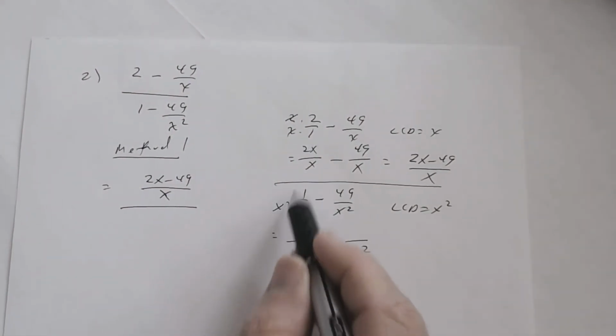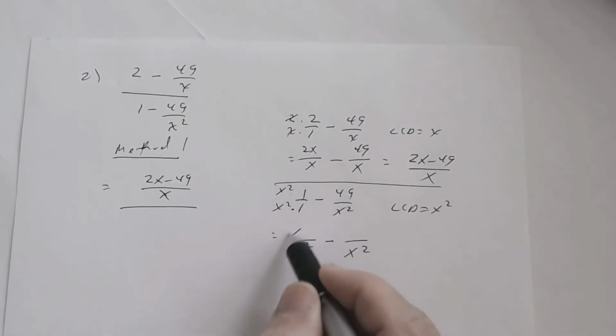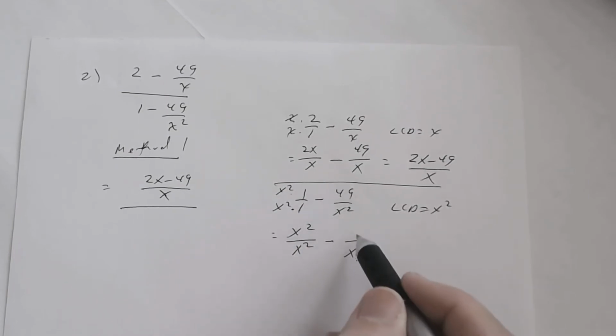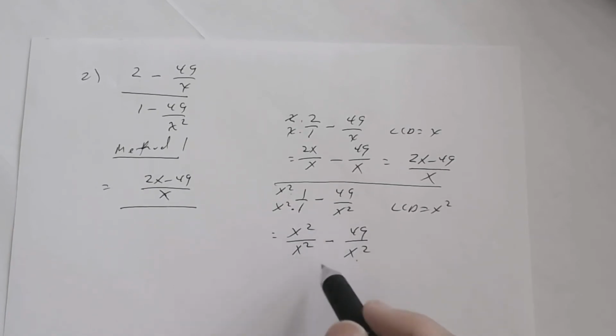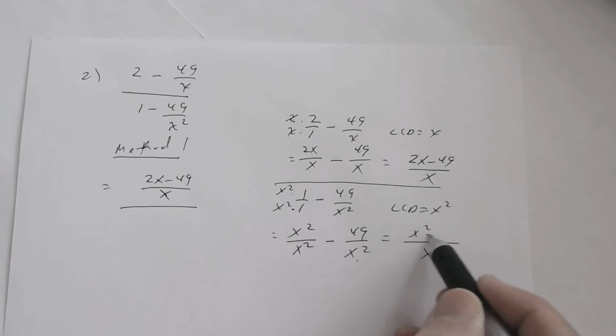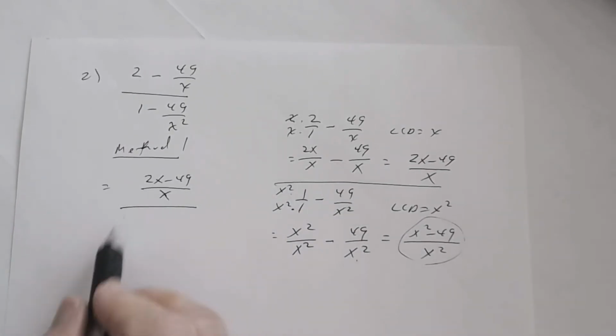But what I do to the denominator, I have to do to the numerator. So 1 times x squared is x squared. And then these denominators are the same, so that means the numerators have to be the same. And so now I can write this as one rational expression, with x squared as the denominator. So I get x squared minus 49. So that is going to be the denominator here.